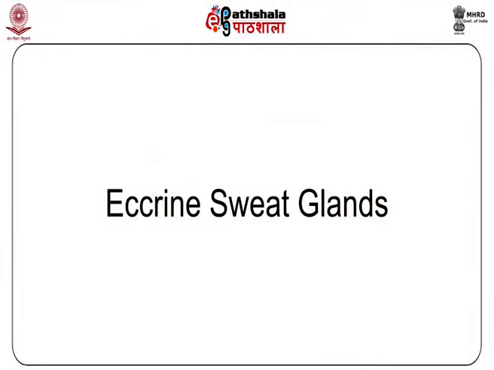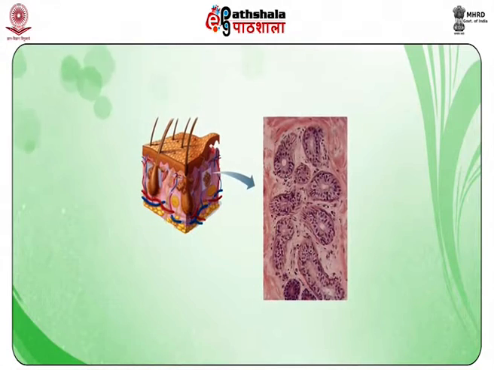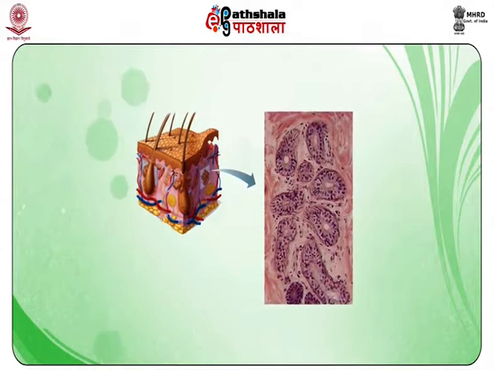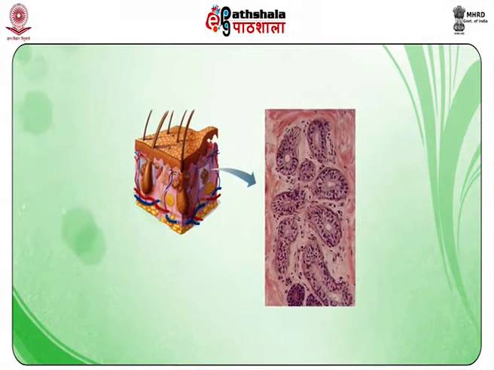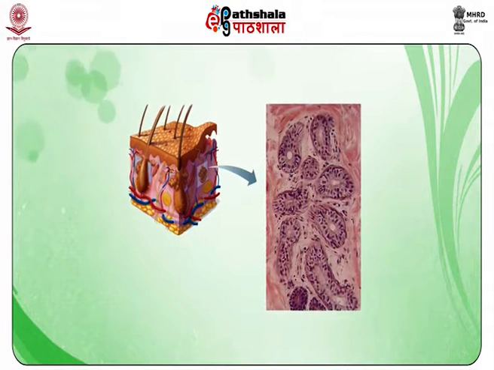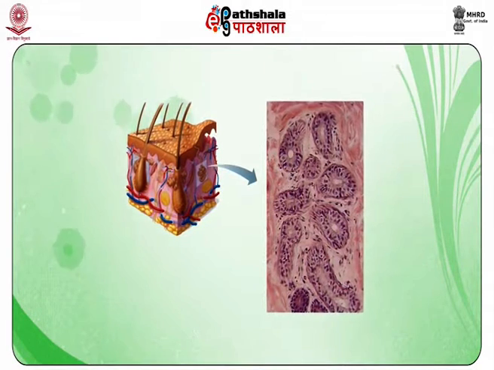The two types of glands are the eccrine and the apocrine glands. The eccrine sweat glands are present since birth and are present all over the body, but their intensity is more on the plantar and palmar surfaces.